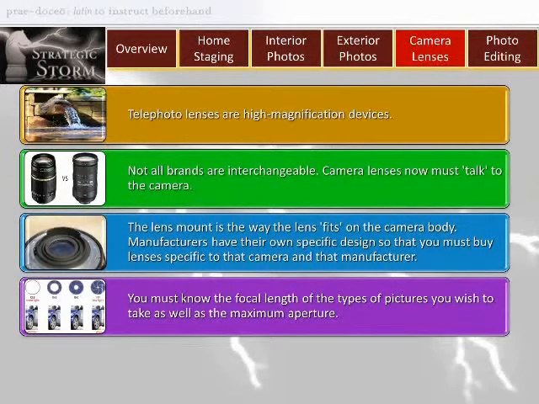A zoom lens or telephoto lens lets us see beyond the human eye. We can see much further with a telephoto lens than we can normally. It enhances and expands our view. The larger the lens number in millimeters, the greater the distance the lens can shoot.